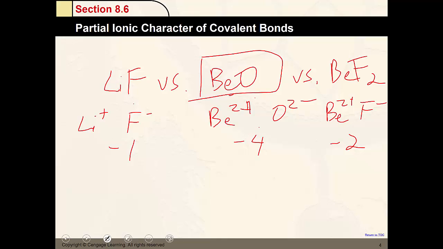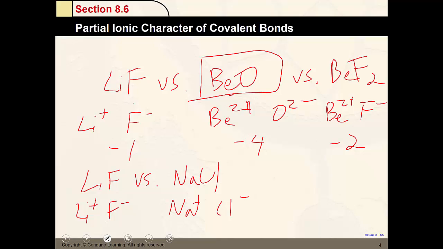We can also think about it in terms of size. So if we look at lithium fluoride versus NaCl, all of those have the same charge, +1, -1. However, lithium and fluorine are both in row or period 2, lithium only has 1 energy level, fluorine has 2, but if you look at Na+, Cl-, those are respectively below lithium and fluorine on the periodic table.